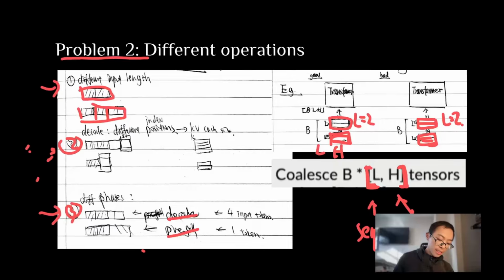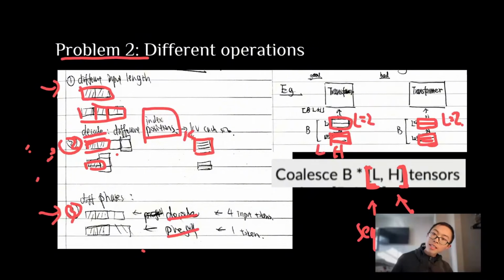And in the second case, if both are decode but at different positions, they can't be batched together. Why? Although the inputs are both of length 1, both of them are just 1 token, remember we have to fetch the KV cache.